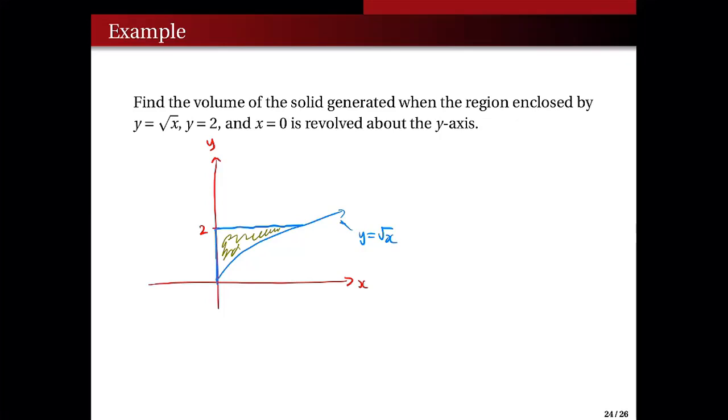Now, the axis of revolution is the y-axis. So we are revolving about the y-axis. In this case, your approximating rectangles will be horizontal.